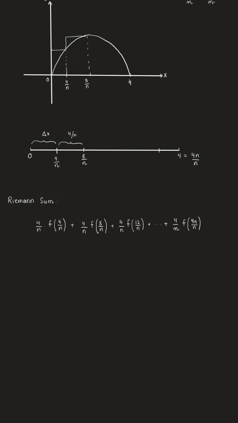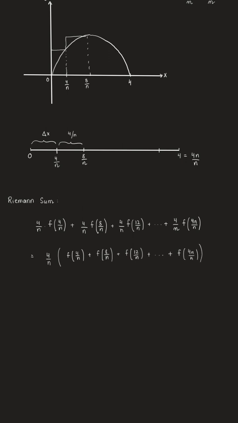If we want, we can see that every single term has a 4 over n, so I'm going to factor that out and write this as 4 over n times f of 4 over n plus f of 8 over n plus f of 12 over n. I don't know how many terms are in between, so I'm going to use an ellipsis there, and my last one will be f of 4n over n.